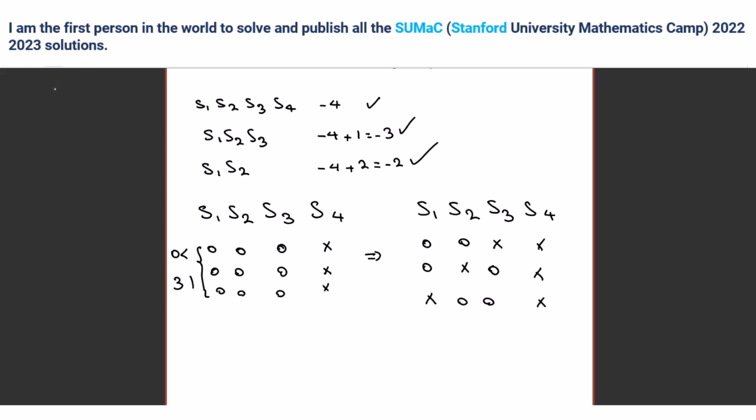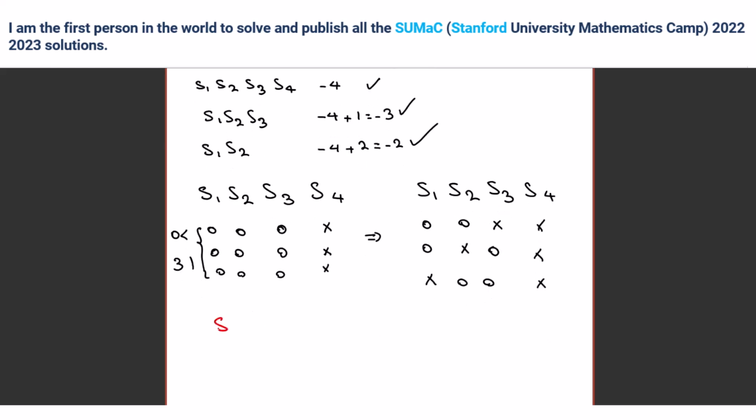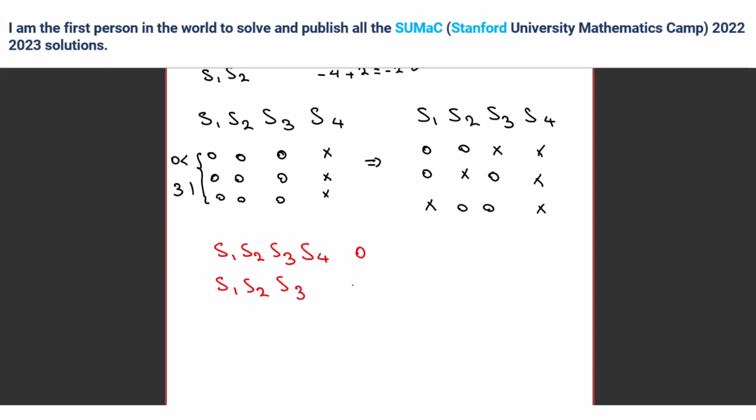Okay. Now, let's consider it has no effect on S1, S2, S3, S4, right? No effect. What about S1, S2, S3? What's the effect on S1, S2, S3? -3. So again, the condition is satisfied, right? For example, S1, S2, S4, 0, right? Has no effect.